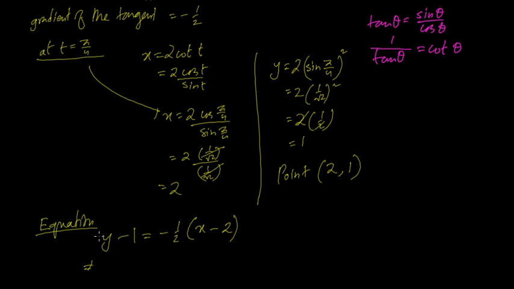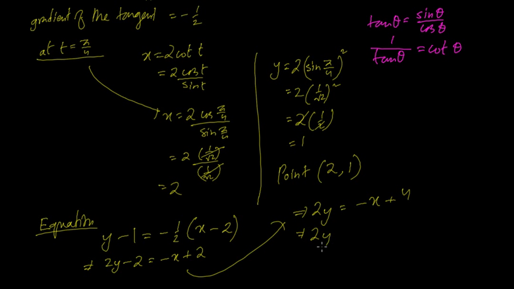We can now simplify, multiply by 2: 2y minus 2 equals minus 1 into x, which is minus x, minus 1 into minus 2, which is plus 2. We can further simplify this and write 2y equals minus x plus 4, or 2y plus x equals 4. Remember, if they do not mention any format of the equation of the line, you just keep the line as you want it.